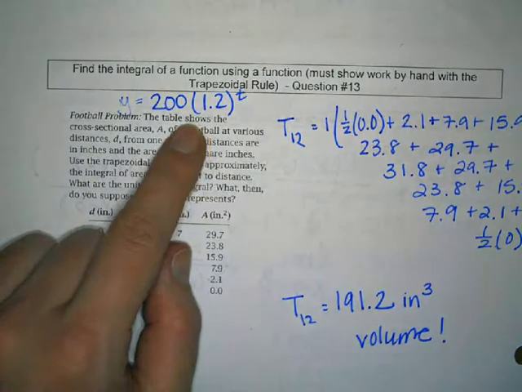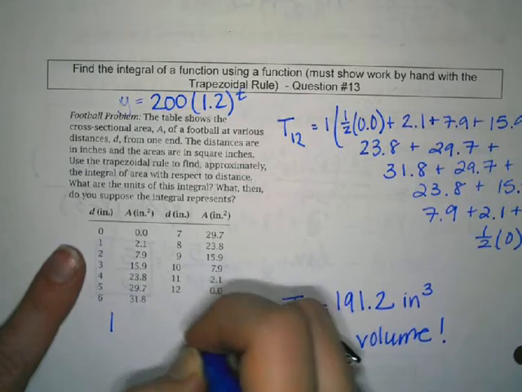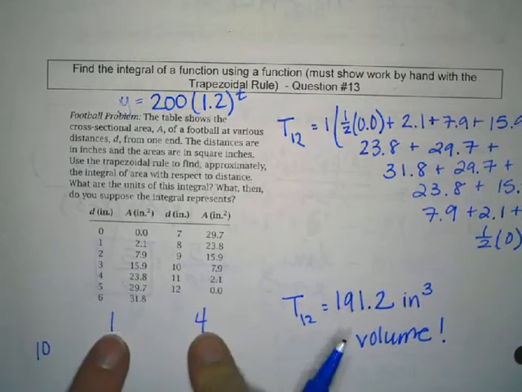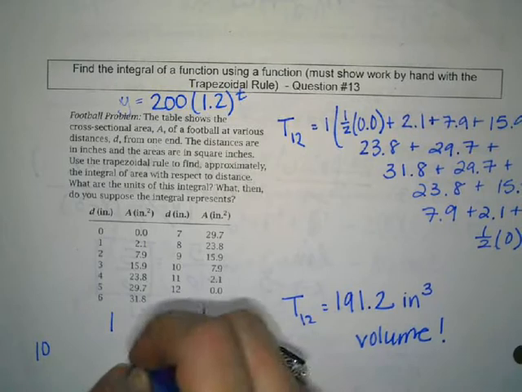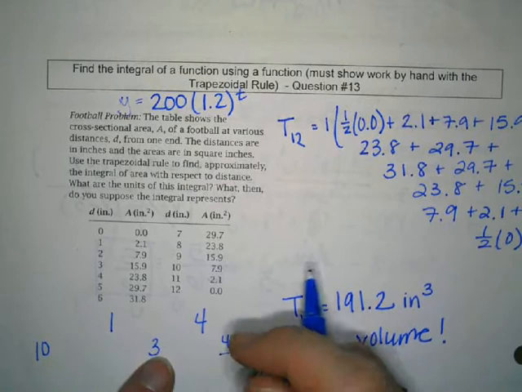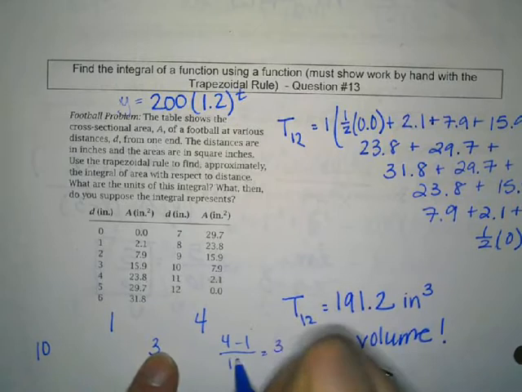and then gave you an interval, let's say I wanted you to find the area under the curve between 1 and 4, and I wanted you to do 10 trapezoids. The space between 1 and 4 is 3 spaces. You find that by 4 minus 1. And then if I want to fit 10, you take 4 minus 1, which is 3, divided by 10.